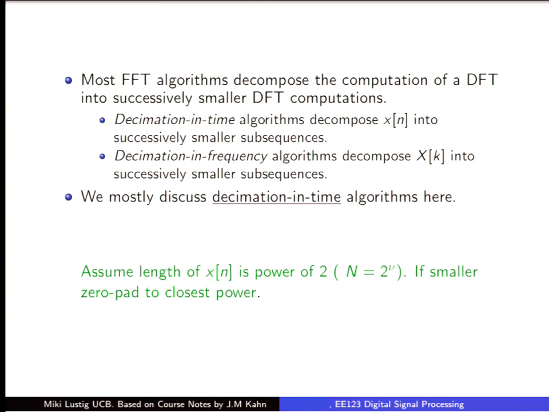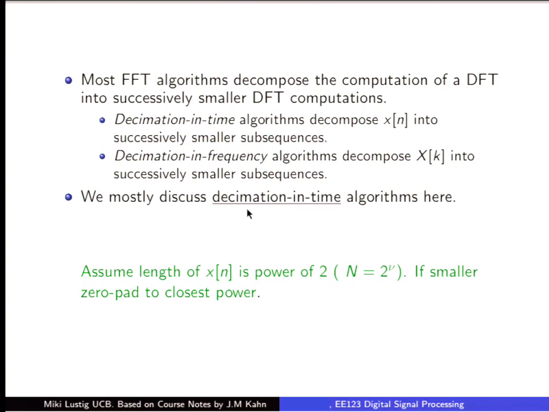Then you have those smaller DFTs that you need to compute, then you do a few smaller DFTs again, and then again. As you decompose into smaller and smaller, that's where the log comes in. When you break something into half and half and half, that's where the log comes in. So you'll see that.